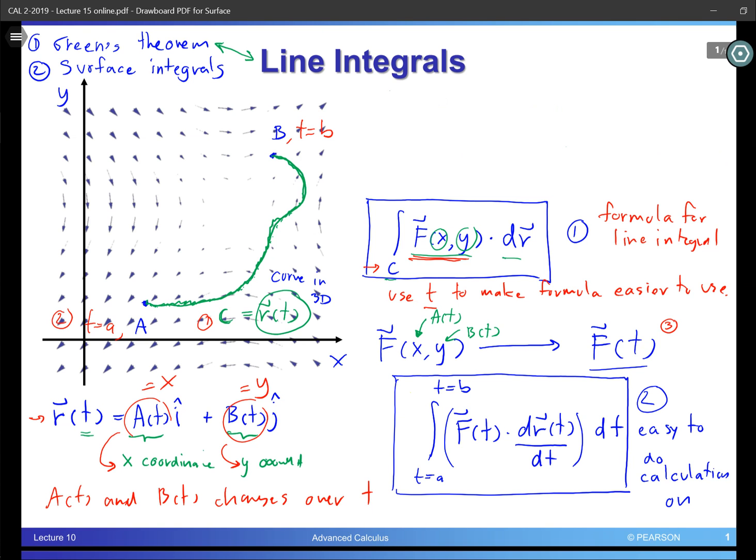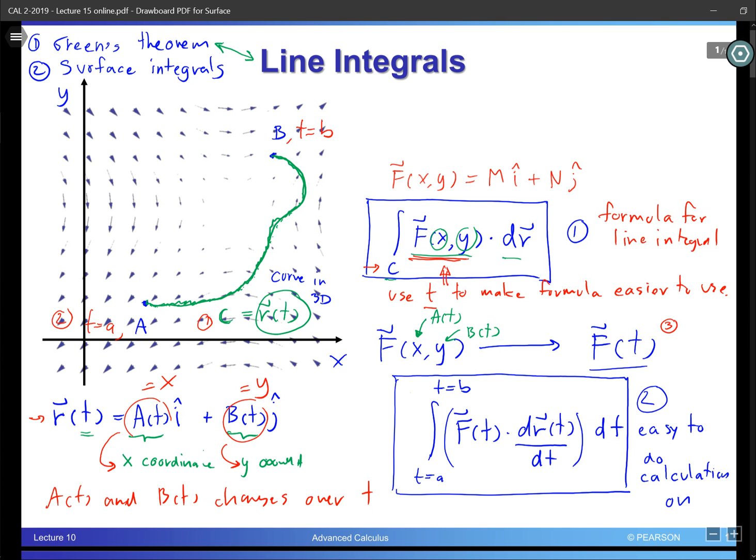So let's start with form 1. This f of x, y is equal to something I already erased: M i, where M depends on x and y too but this is the short form, plus N j. That's what we have for this thing.